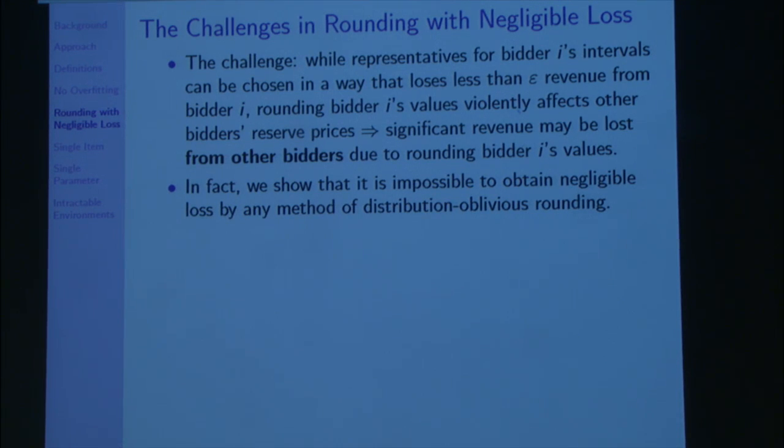Take any rounding rule, any choice of representative rule that does not take into account the empirical distribution over which we want to lose not much. There is going to be some distribution for which this rounding rule loses a lot. So you can think about taking the minimum representative from each epsilon interval, the maximum representative from each epsilon interval, etc. None of that is going to work.